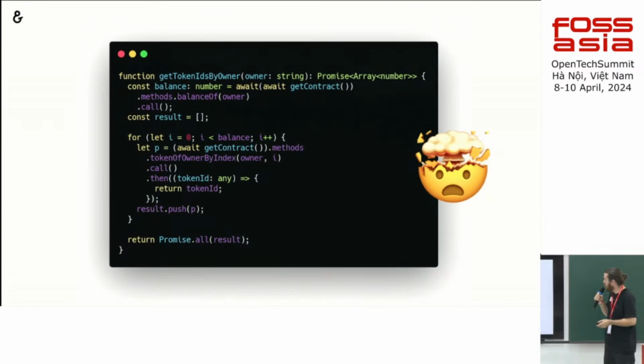So what we see is something like this in the wild. This is actually real code at a hackathon where someone wanted to get all of the NFTs in a particular wallet. So all they needed to know is how many NFTs this user had when they connected their wallet. So you have to create an object, get the balance of the actual wallet, then loop through that balance and get all of the token IDs, push those into an object, and then display those as a result, right?